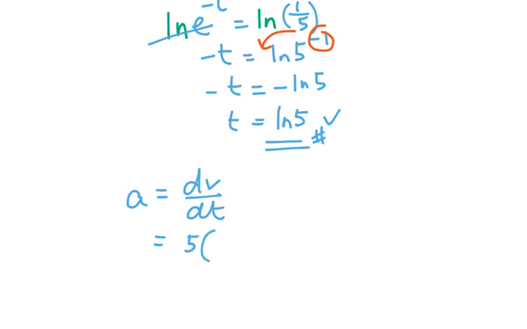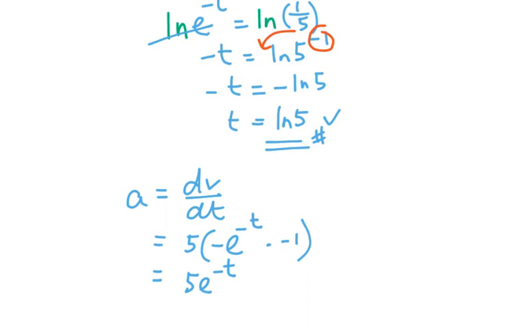Differentiating 1 will give us 0. Okay, negative exponential of negative t, differentiating negative t will give you negative 1. Hence, the derivative of v is equivalent to 5 exponential of negative t.